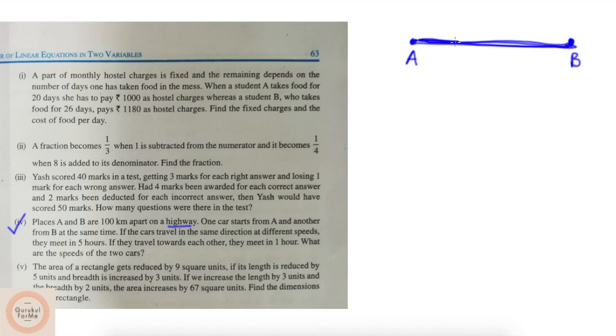Now what has happened is they are 100 kilometers apart. One car starts from A and another from B at the same time, right? This is car 1 and this is car 2, and another one starts at B at the same time. And they travel in the same direction.